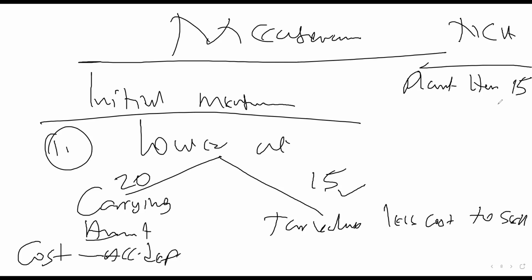But because it is fair value less cost to sell, what's the difference between 20 and 15? 5. You go to your P&L and record impairment of 5. That's all. It ends the matter here. So that's the initial recognition.